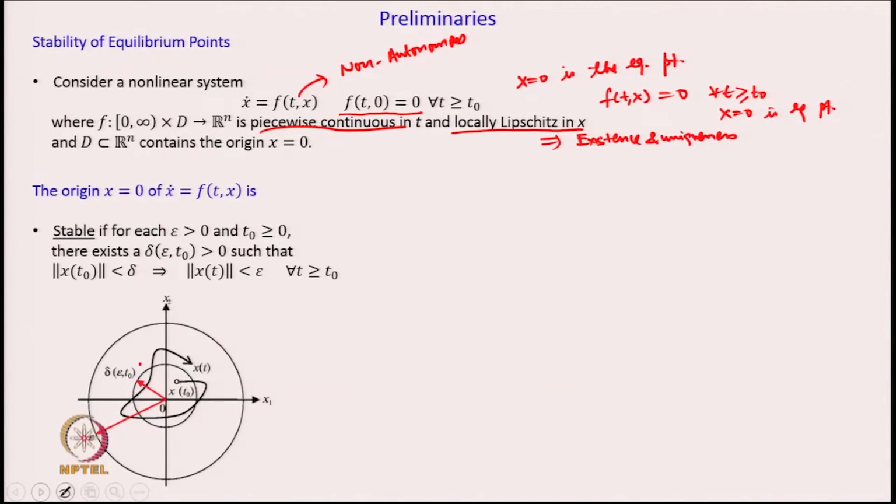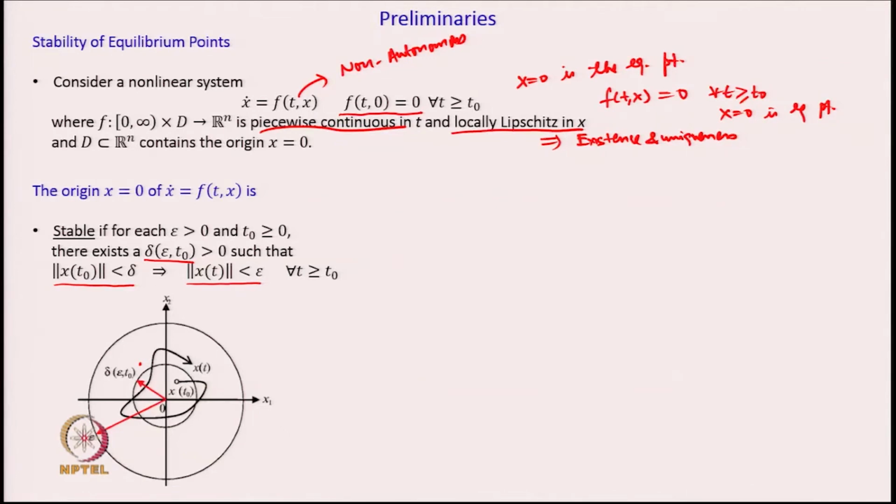So, let us look at the first definition. The origin x equals 0 of the system is stable if for each epsilon which is positive and initial time greater than or equal to 0, there exists a positive constant delta, which is dependent on epsilon and the initial time t naught, such that if the initial state at time t naught starts within a ball of radius delta, then for all future time the state trajectories lie within the ball of radius epsilon.